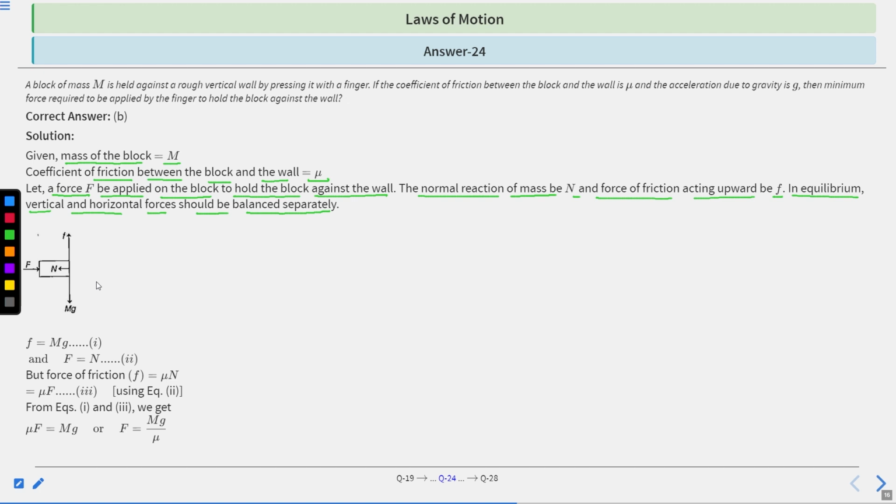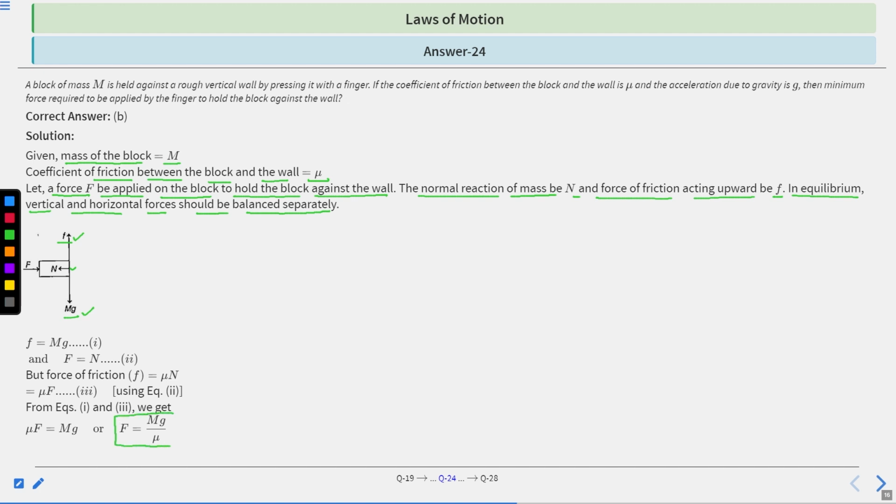So f equals mg. Let this be equation first. And F equals N. Let this be equation second. But the force of friction f is equal to mu N. Using equation second, from equation first and third, we get F equals mg divided by mu.